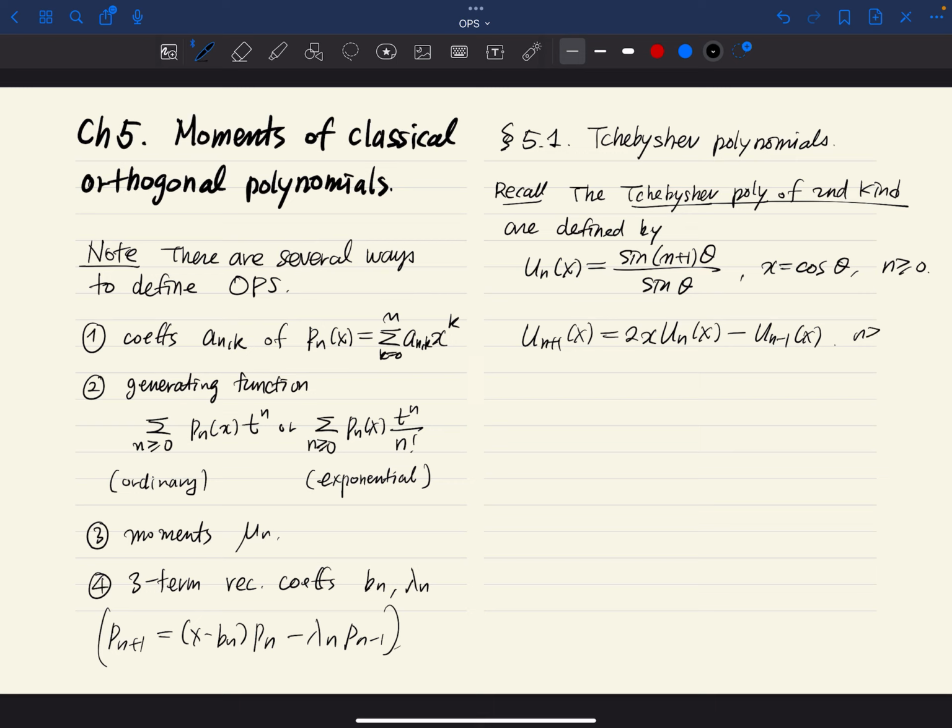For n greater than or equal to 0, and we will always use this convention. And from calculus, we know these must satisfy this orthogonality.